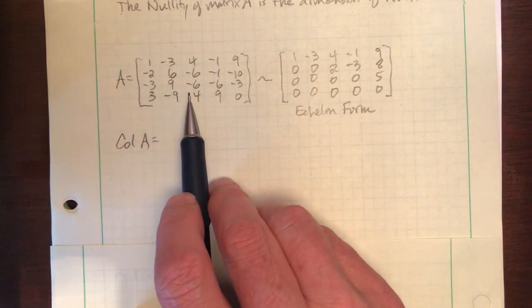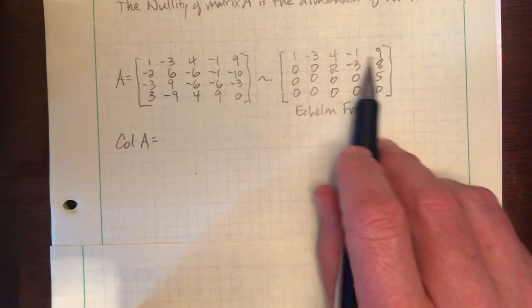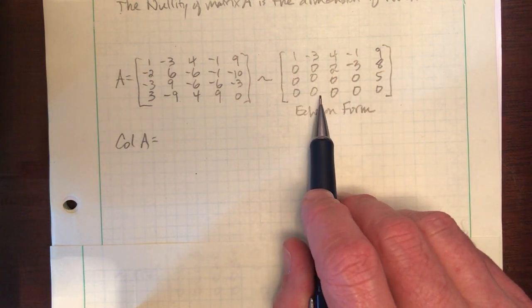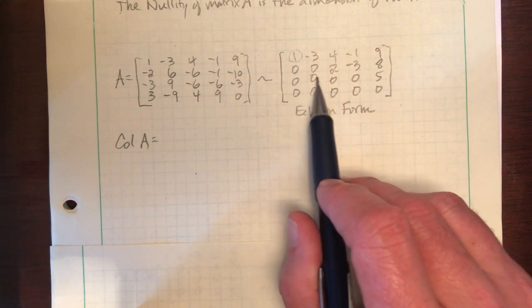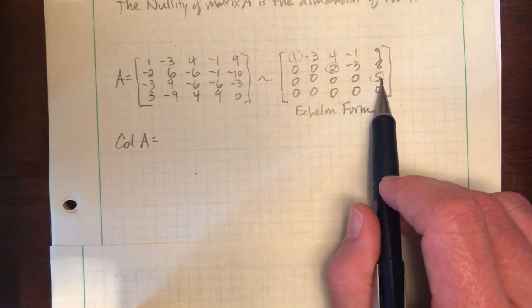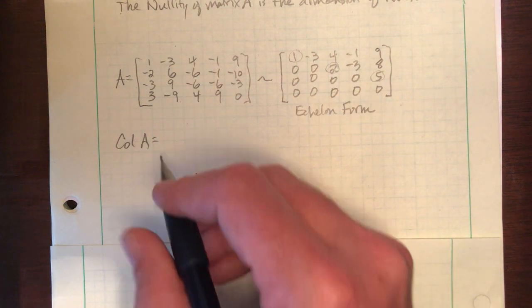How do I do it? I can't see it here, but this is where my columns are. It's in the reduced form that reveals where my pivots or my basic variables are. So I see one in column 1, my next is in column 3, and the last one's in column 5. So that tells me where to find my column vectors in my original matrix.